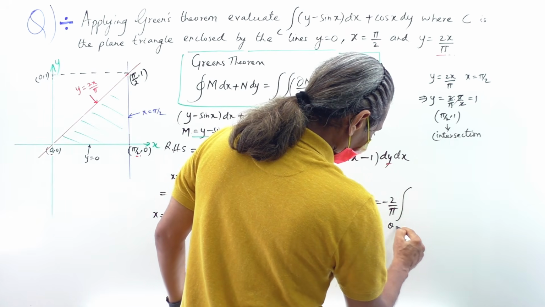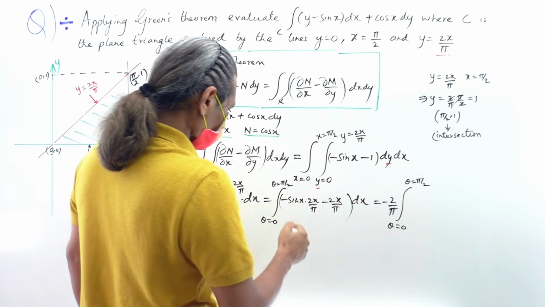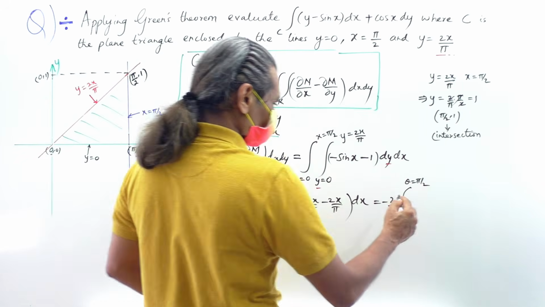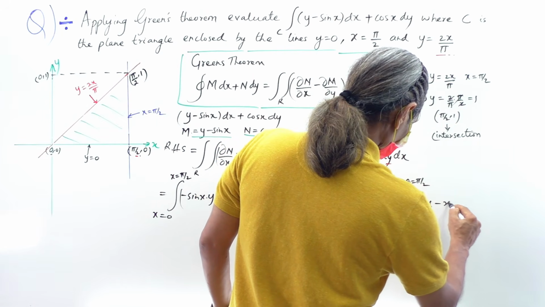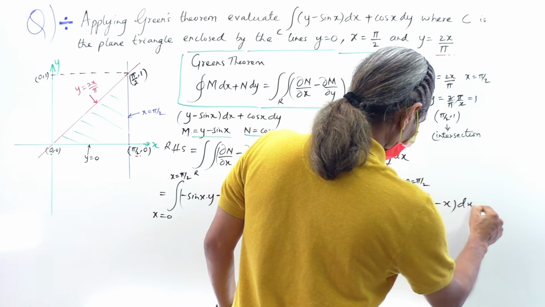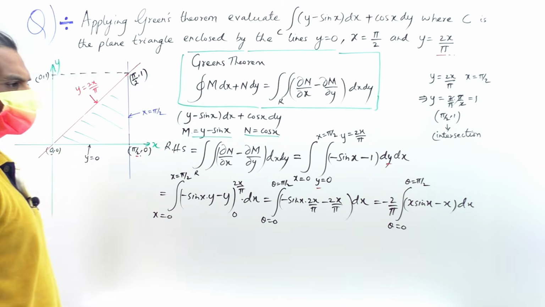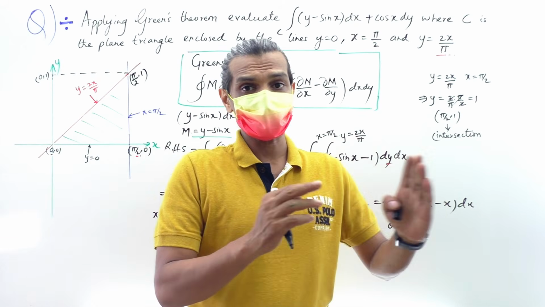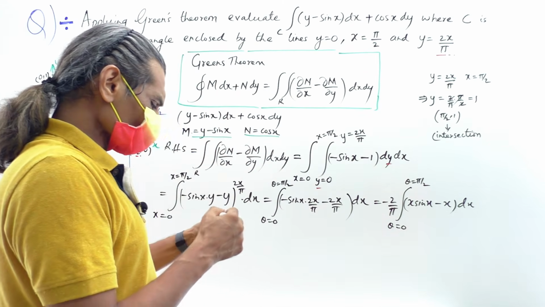It will be easier for us to solve. So x from 0 to pi by 2, when I take the minus outside, this will become x sin x minus x into dx. Let me separate this integral, because x into sin x is algebraic times trigonometric, and I can solve it using integration by parts or Bernoulli's theorem. What is Bernoulli's theorem?